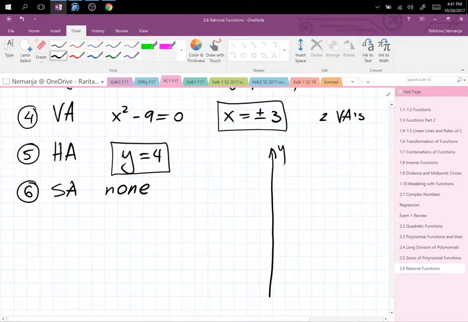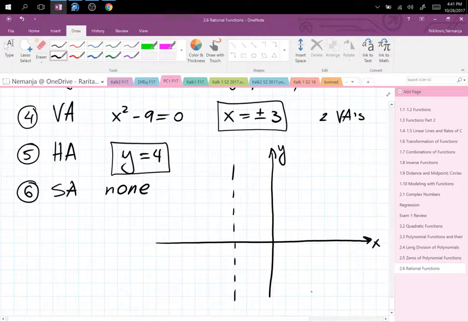This one is the y-axis. This one over here is the x-axis. I have a vertical asymptote at -3. Vertical asymptote. Should I use red? Yeah, let me color code the way I did earlier.